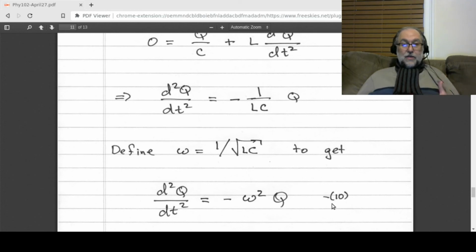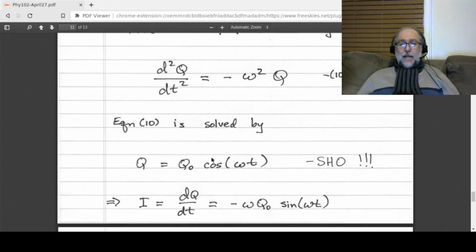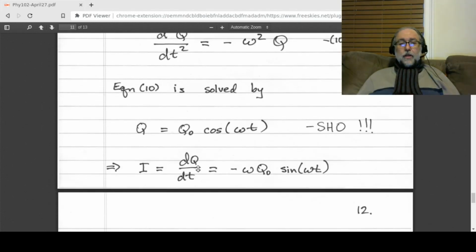You've seen this before. This is sinusoidal motion. So you ask the question, what function do I put in for q such that this equation is solved? And the answer is a cosine or sine. You could do either one, but we've usually done cosines. That's what we did for simple harmonic motion and for waves, so we'll do that here.